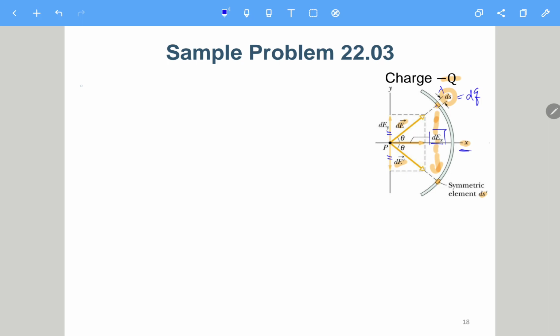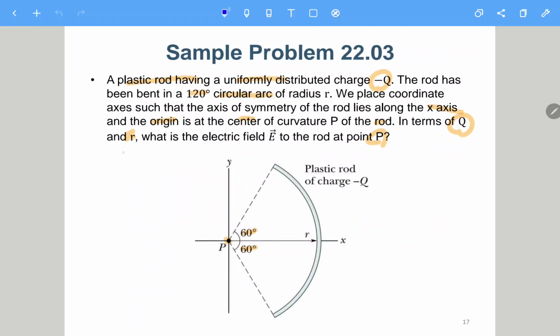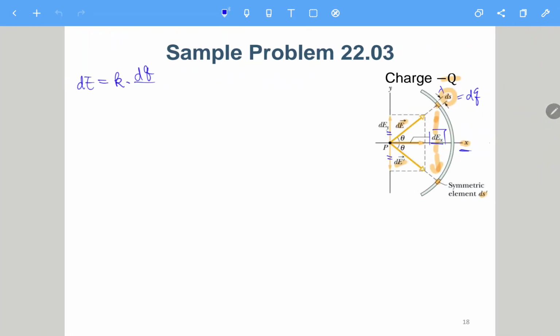So here we have dE equals k times dq over the radius squared. What is the radius? The radius is small r, so this is small r squared.